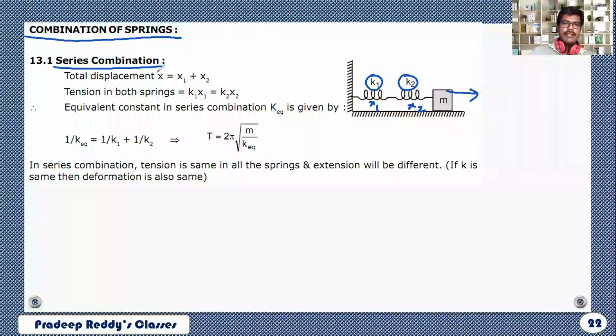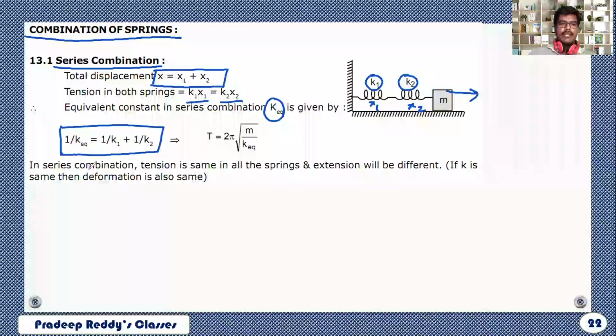So total elongation can be written as x is equal to x1 plus x2. Then tension in both the springs can be k1x1 and k2x2. So as we know, equivalent spring constant k is 1 by k equivalent is equal to 1 by k1 plus 1 by k2. So k equivalent will be equal to k1k2 divided by k1 plus k2.